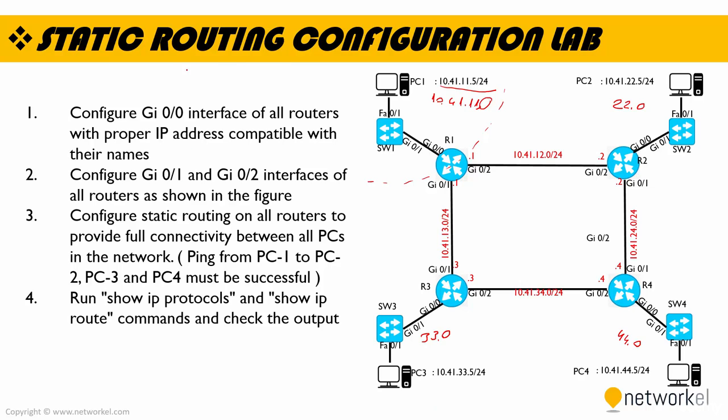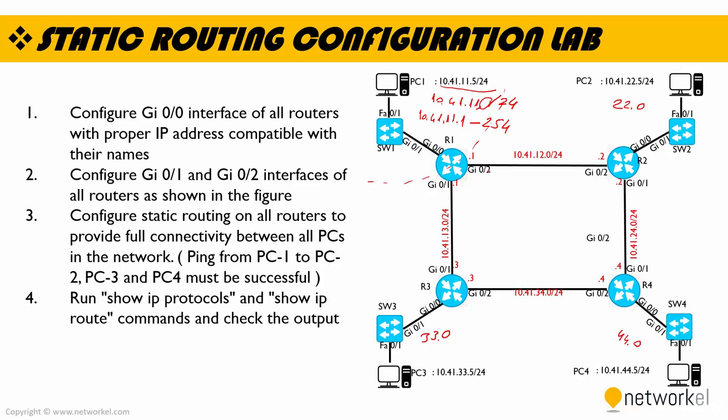So what does that mean? If I have a network ID of 11.0/24, that means I can use this IP range for this network: 1 through 254, right?